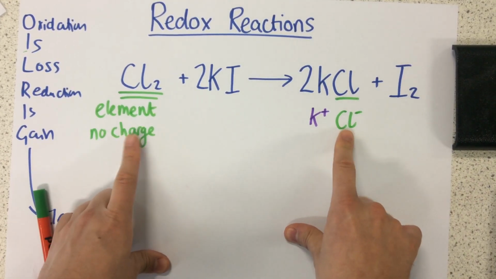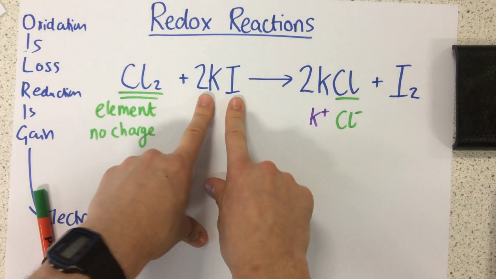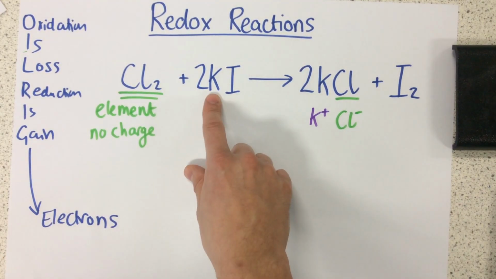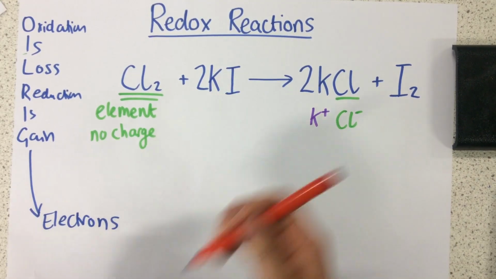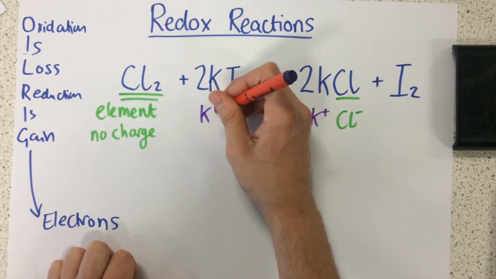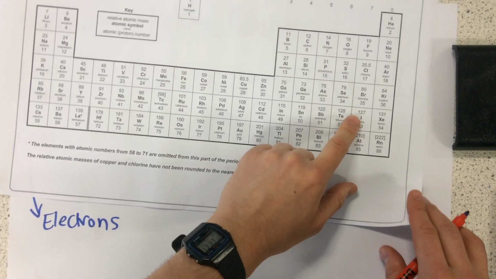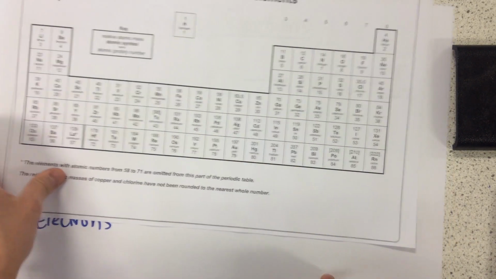Now we'll get on to seeing what's happened to chlorine in just a minute. Before we do that, let's figure out what's going on with these other elements. Potassium here is in an ionic bond with iodine. So again, potassium is going to form a K+ ion. Iodine, because it's in group 7, forms a 1- ion.